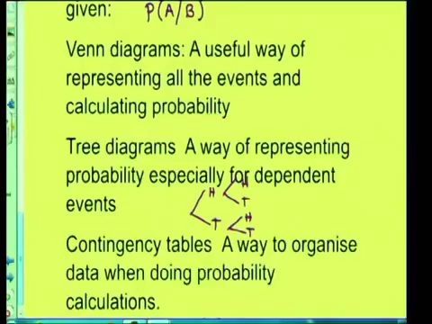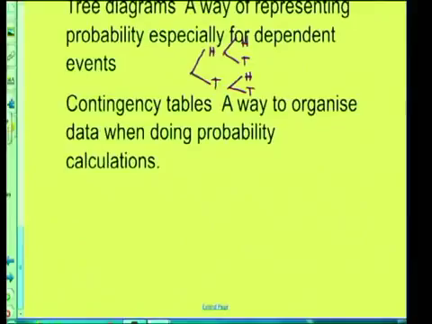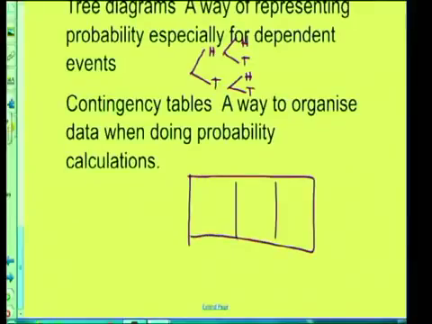Now, contingency tables, a way to organize data when doing probability calculations. The kind of thing we're talking about here is you would get something like this. And say we would have men, women, total. And it would say be, I don't know, some two things we're looking at.